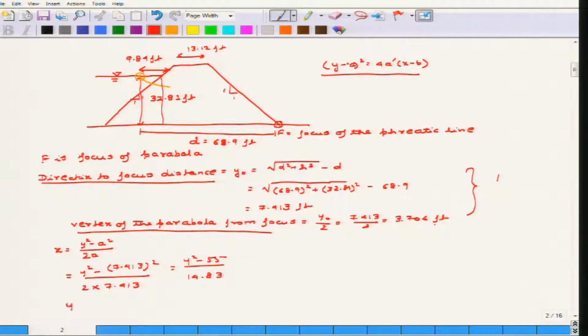So, we get y is equal to root over of 14.83 x plus 55. Now, the x at different points are known, because this is the x grid, this is the y grid. If you start from 0 point, then you can take different points, because it is 68.9 feet.